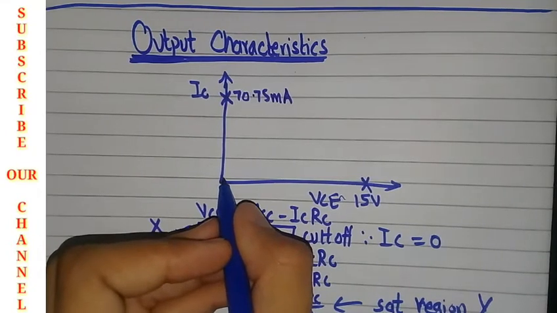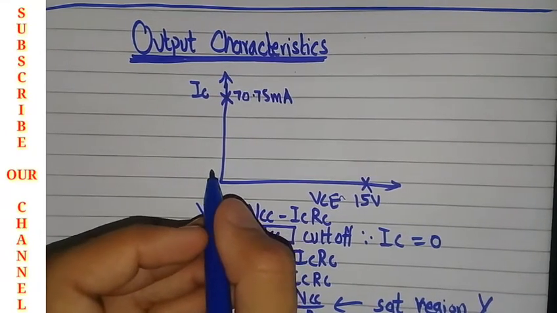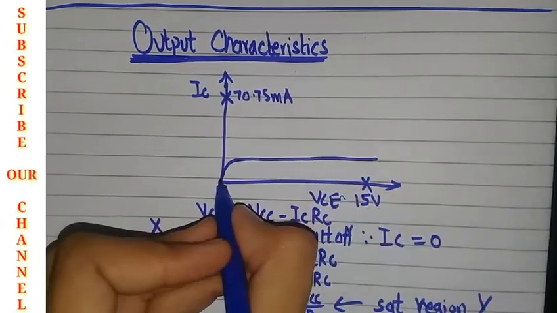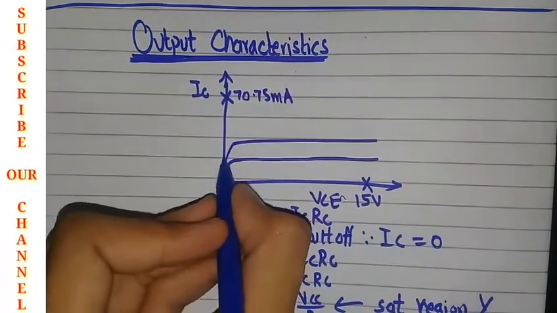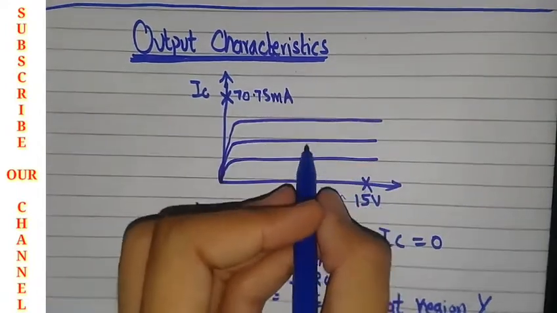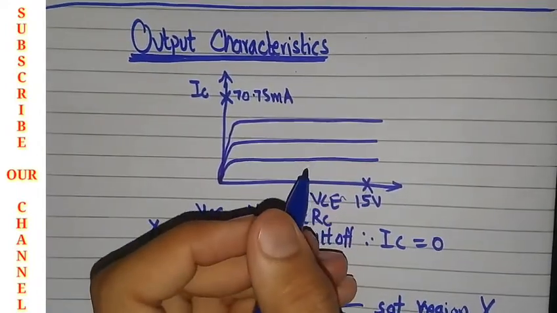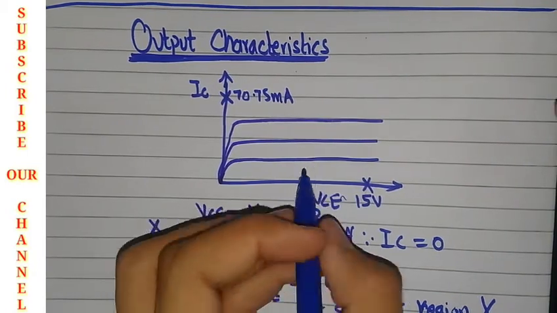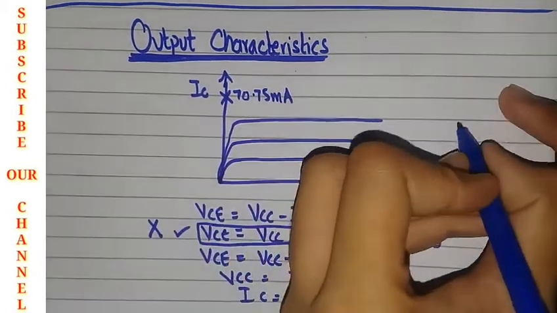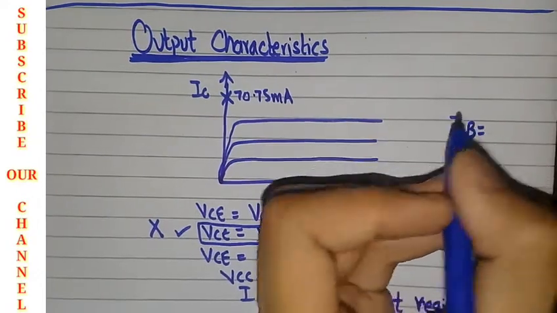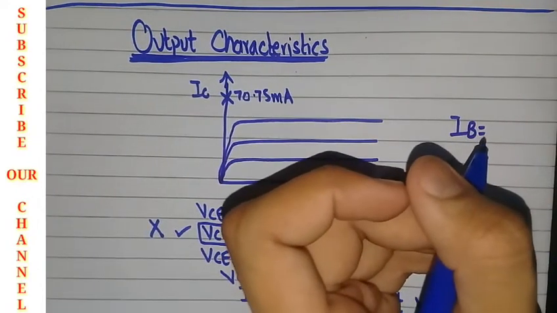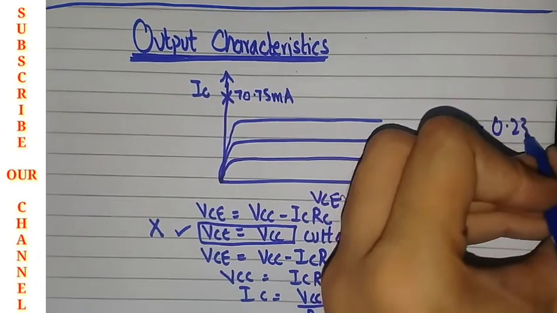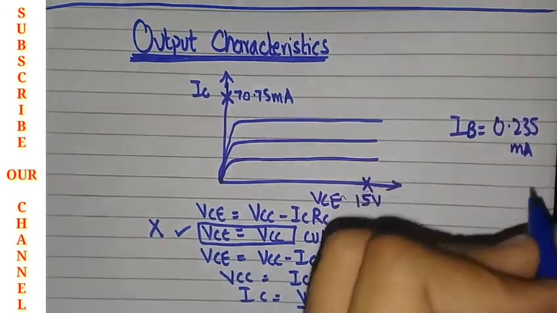So for every value of IB, one line will be drawn over the plot. The output characteristics shapes are like this. For every value of IB, one line will be drawn over an output characteristics graph. The IB value which we will find in the problem is 0.235 milliamps.